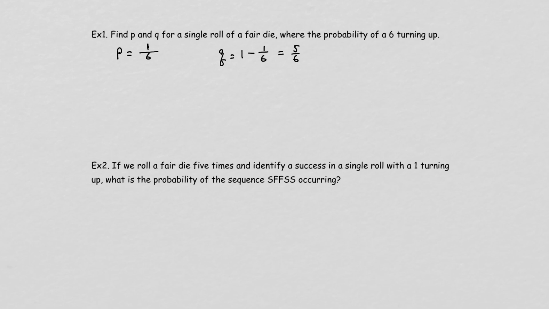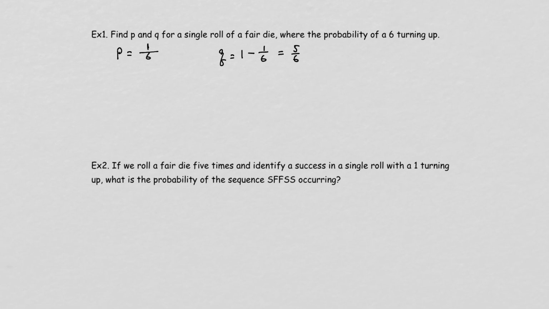What about the second one? If we roll a fair die 5 times and identify a success in a single roll with a 1 turning up, what is the probability that the sequence SFFSS will come out? What's the S and F?